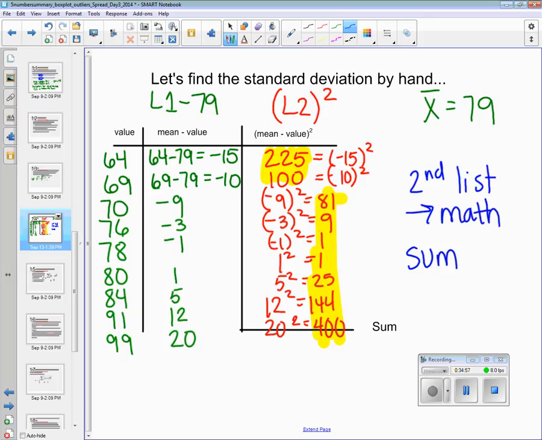And tell it which list we're in that we want to sum. List 3, I believe. It's the third column over. So we're going to sum list 3, hit enter, and it'll give you the answer. Second list, arrow over to math, sum.